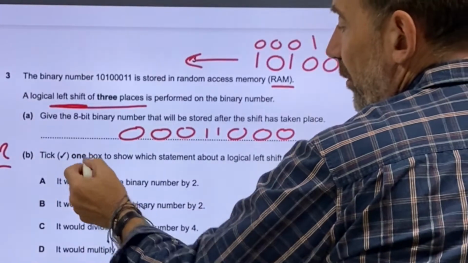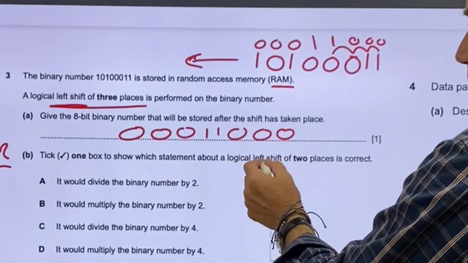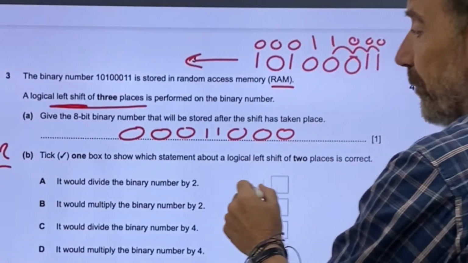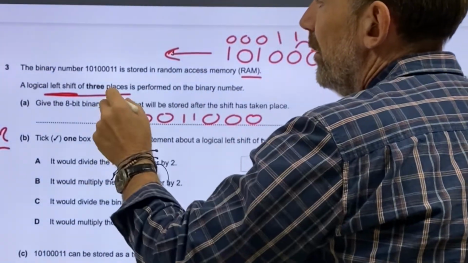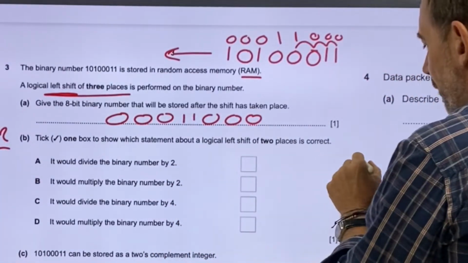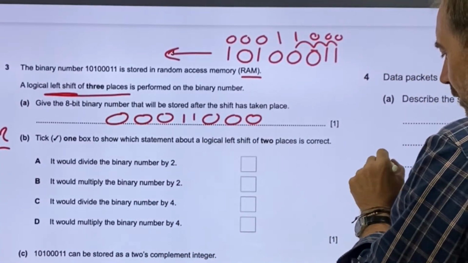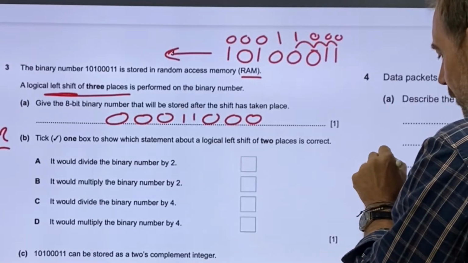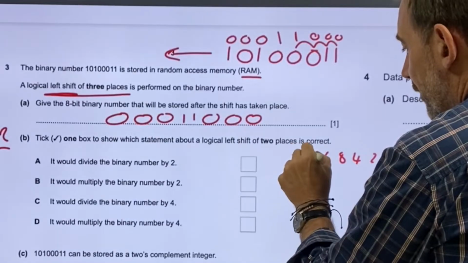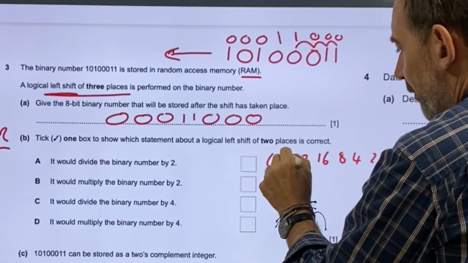Tick one box to show which statement about a logical left shift of 2 places is correct. Let me try with a simpler number. For example, if I do my 1 2 4 8 16 32, well, let's go to 64.